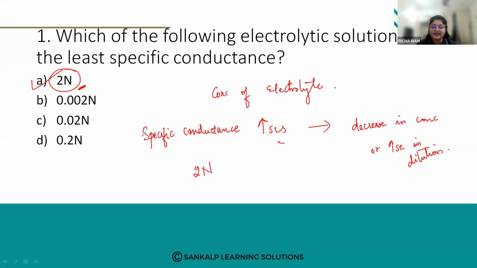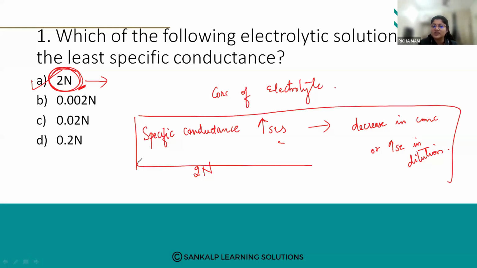So option number A is the correct answer. You have to keep this in mind.